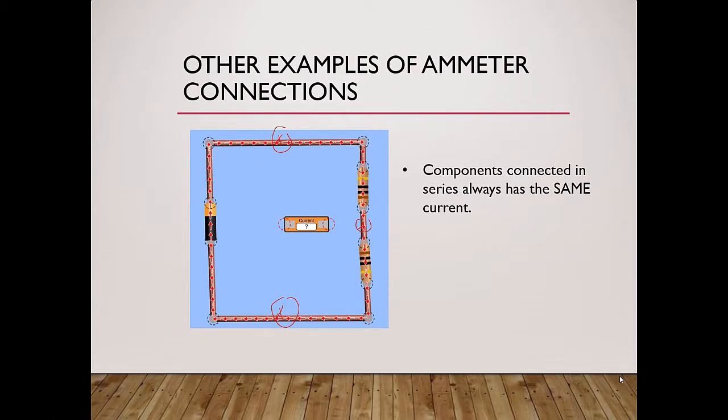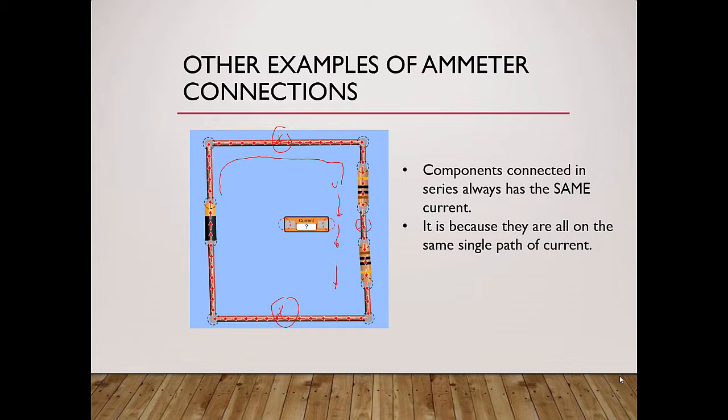It's because components connected in series will always have the same current. It's because they are all on the same single path of current. Again, the idea is that whatever goes in must come out the same way. So go in, come out. So all throughout this single path, the current value will be the same.